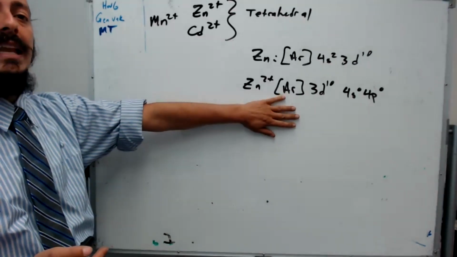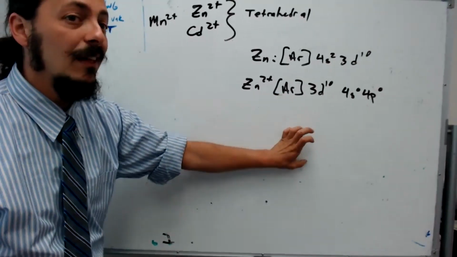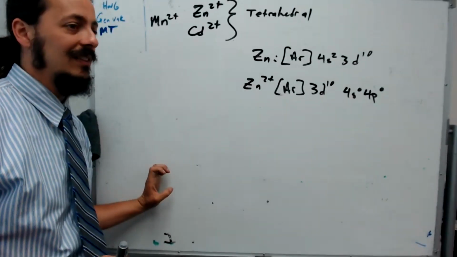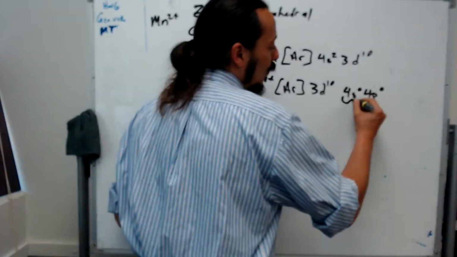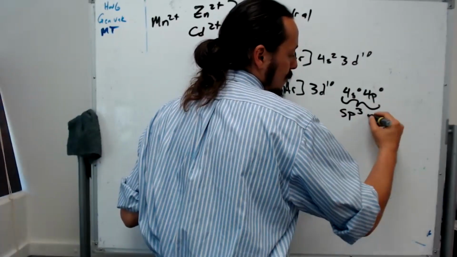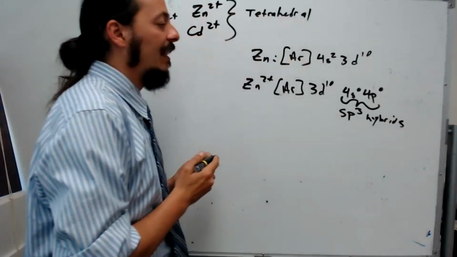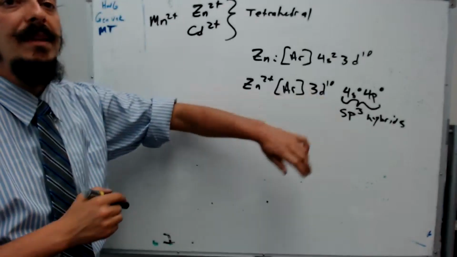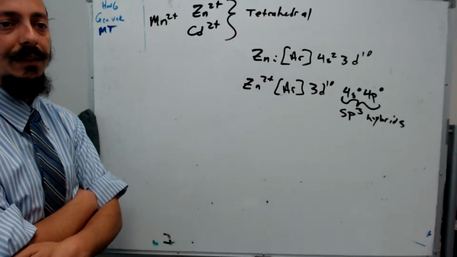Zinc doesn't have any more electrons to interact with those orbitals, but if we brought something that was going to donate electrons to zinc, it could do so into these orbitals. So we end up forming sp3 hybrids using those empty s and p orbitals, and that gives rise to the tetrahedral geometry.